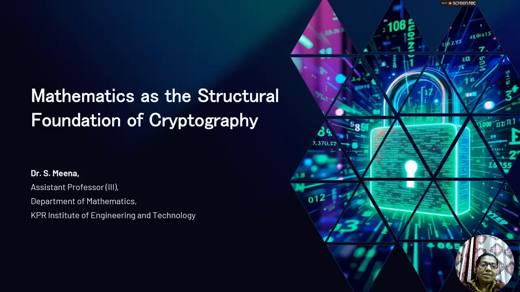So cryptography is a combination of encoding as well as decoding. Based on this encoding and decoding, we can transform the data from plain text into ciphertext, and once again from the ciphertext it is transformed back to plain text. Here mathematics forms the backbone of cryptography. Mainly the mathematical concepts are applied in all these transformations.